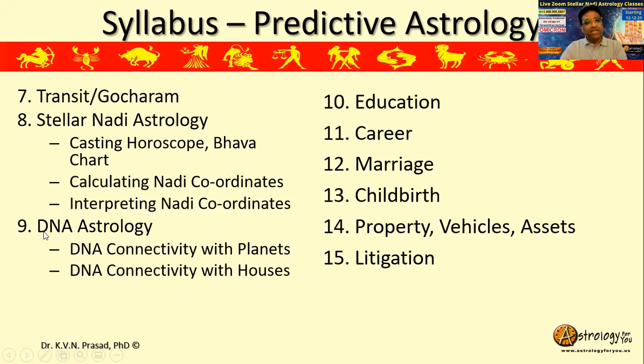And then I'll give an introduction to DNA astrology. It's a new concept. Maybe it's old, but whatever. I will tell you what DNA astrology is and how to make predictions using that as well. Then we will go to the specific things: education, career, marriage, childbirth, properties, vehicles, assets, litigation.